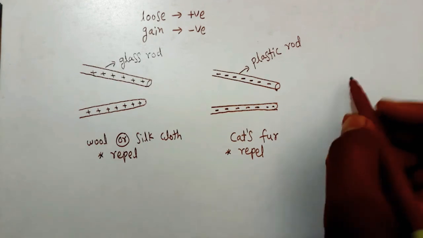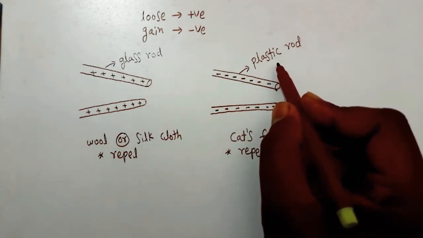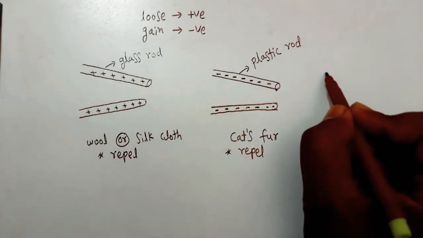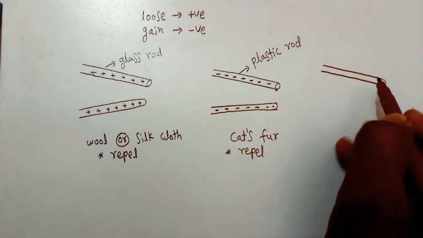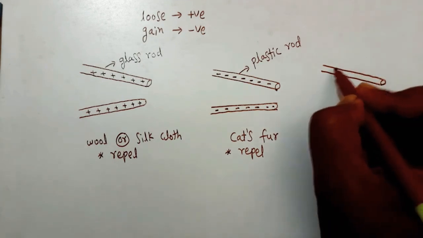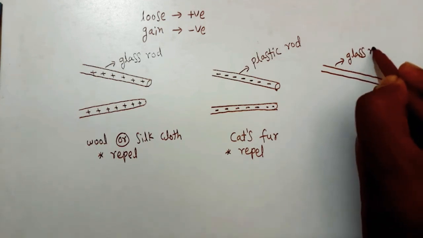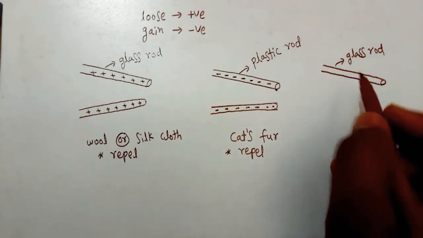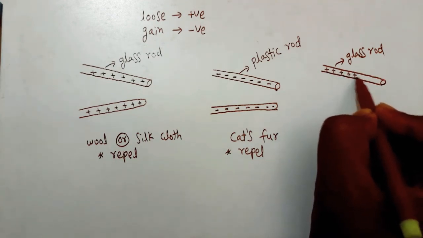If you bring one glass rod and one plastic rod close to each other, that is, here I am taking a glass rod. On the glass rod, positive charge is distributed.